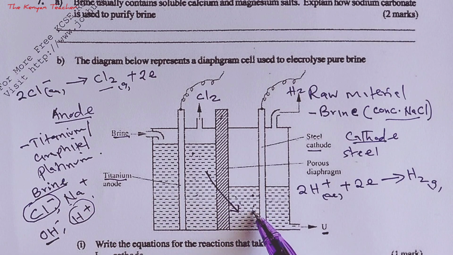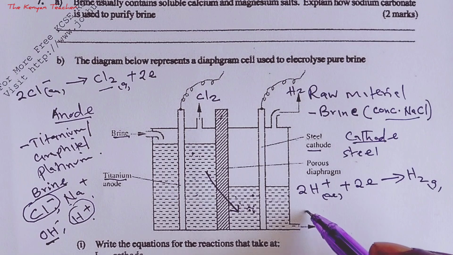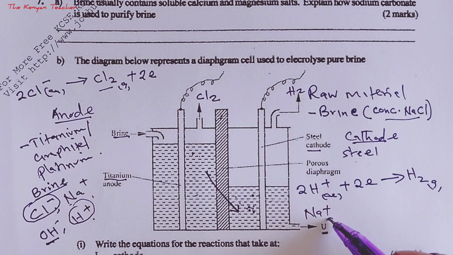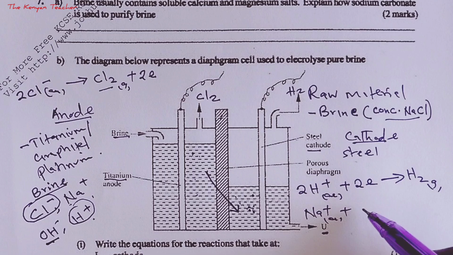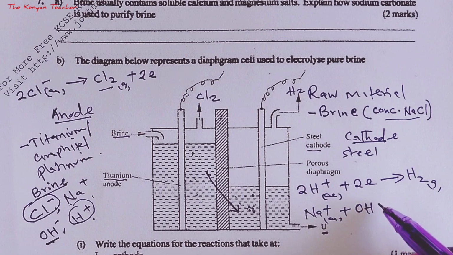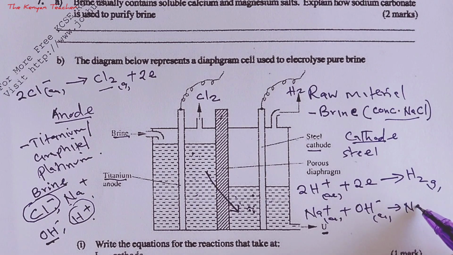On this other side, we discharge hydrogen ions, so mostly we leave hydroxyl ions in the solution on this side. So once the movement has been made possible, sodium ions are now able to react with hydroxyl ions, and we are able to form sodium hydroxide.